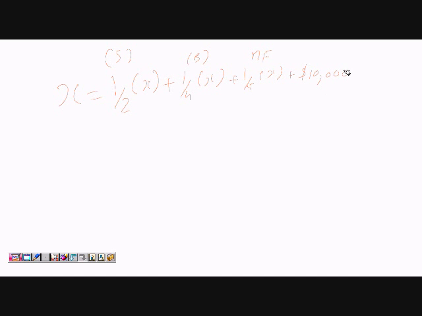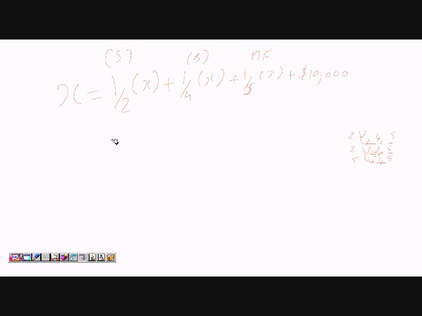Now we have to solve this for X. Let's find the common factor between 2, 4, and 5. Multiply 2 times 2 is 4, 4 times 5 is 20.